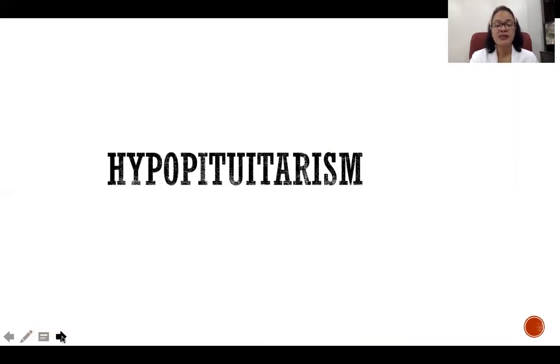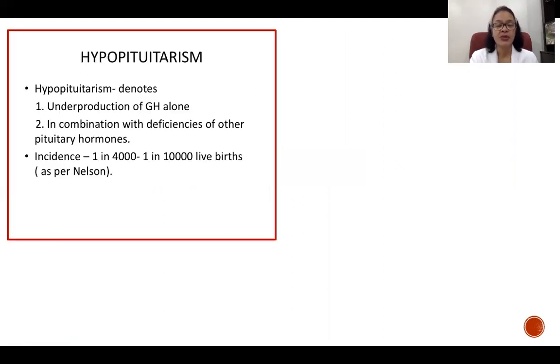So let's start with the hypopituitarism. So when you say hypopituitarism, this is a clinical syndrome of deficiency in pituitary hormone production. And this may result from disorders involving the pituitary gland, the hypothalamus, or even its surrounding structures.